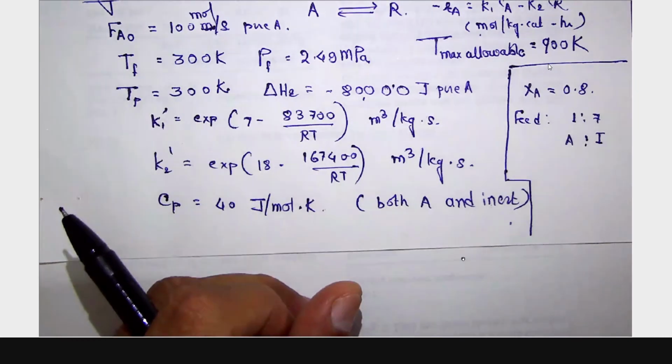Now, if you recall chapter number 9, what is the relation for X and delta T?